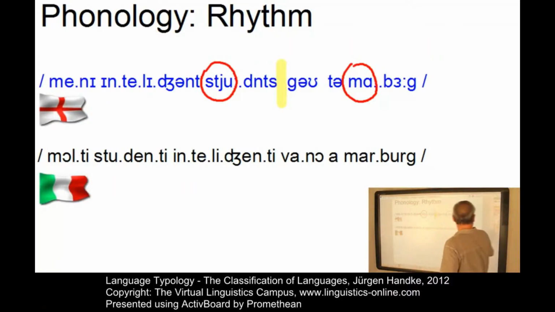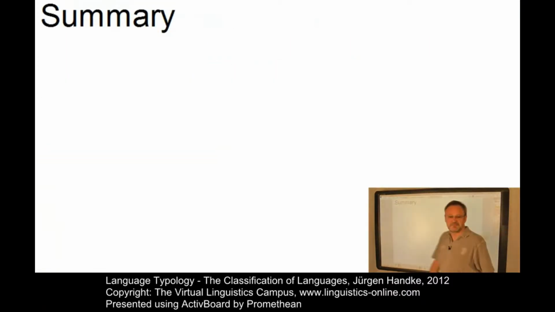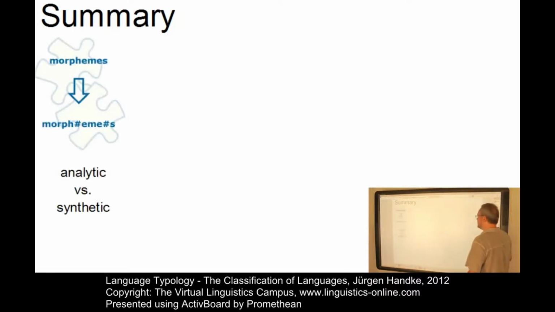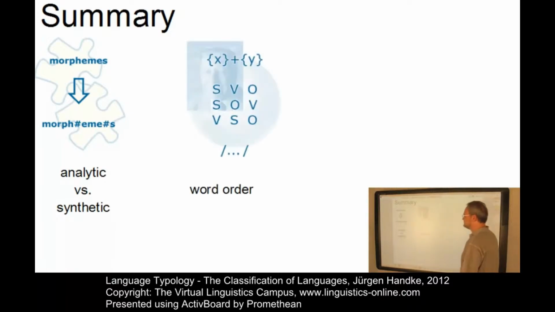Let us summarize. We have defined several parameters for the classification of languages. Morphologically, languages can be classified in terms of a continuum between analytic and synthetic. Syntactically, the basic word order, that is, the order of the main functional elements in declarative sentences, constitutes the central parameter.